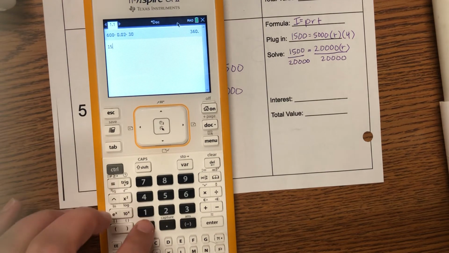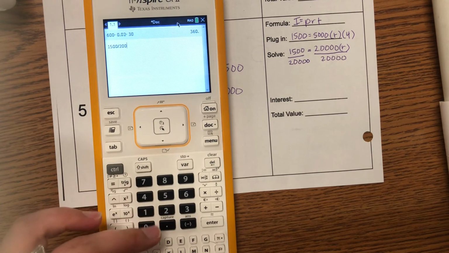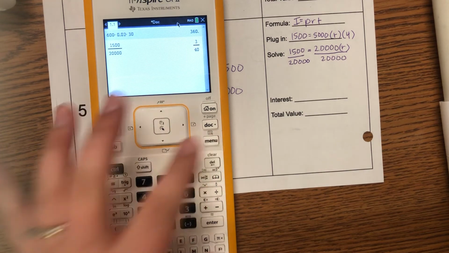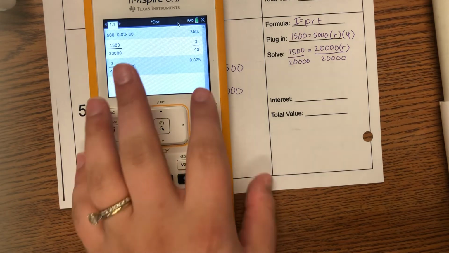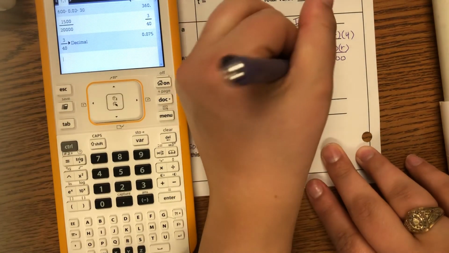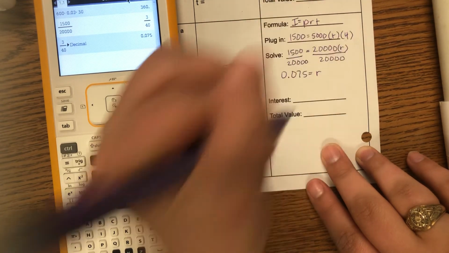So I have 1,500 divided by 20,000. Convert that to a decimal. Okay, so my interest rate is 0.075.